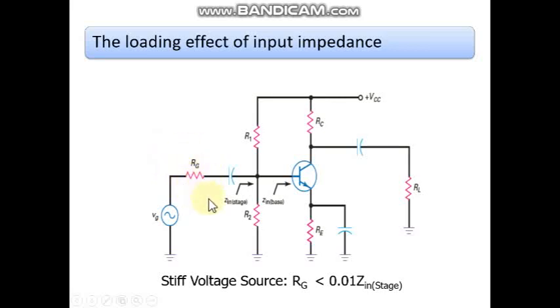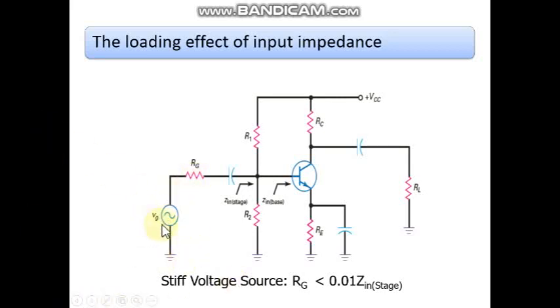But how much lower is required so that we can ignore it? We already learned that if that value is less than 1/100 of the load it is going to drive, then it is called a stiff voltage source. We have already discussed the definition of stiff voltage source in the previous chapters.